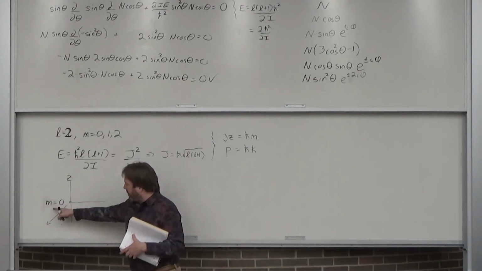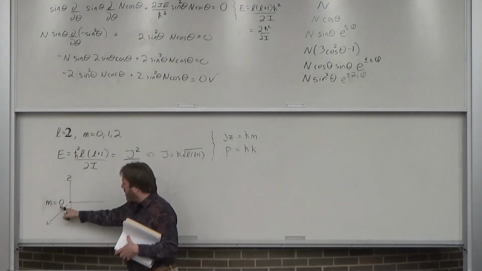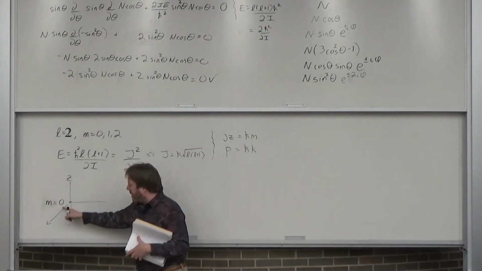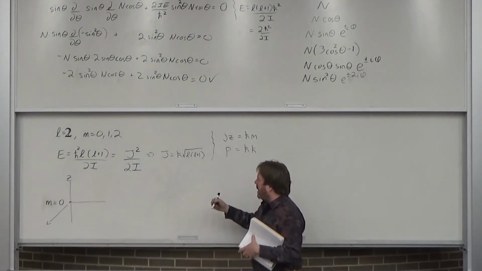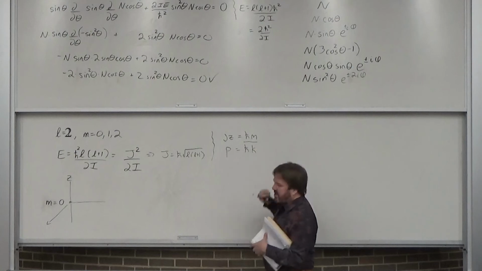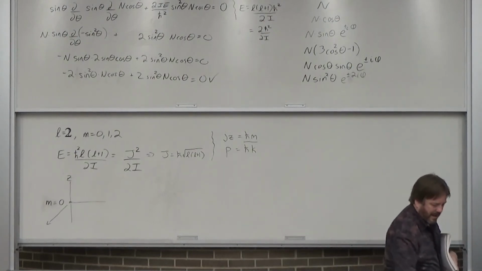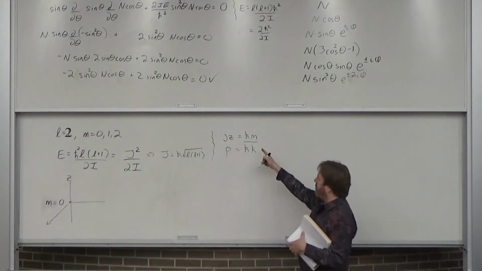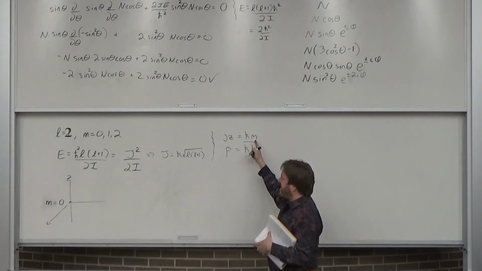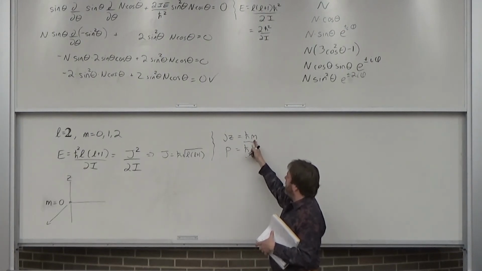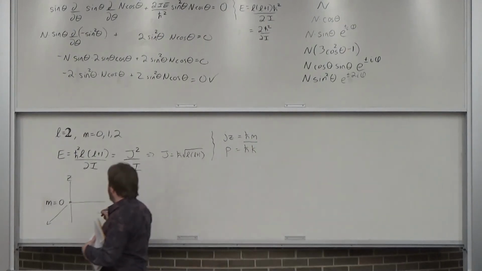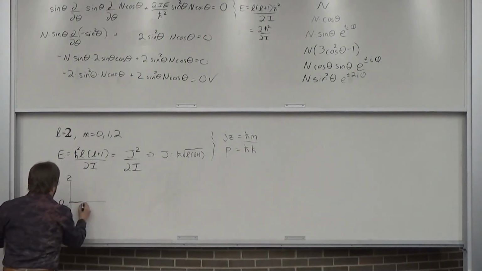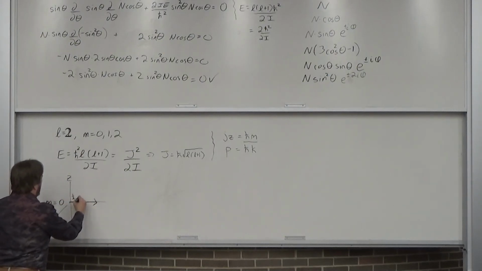So for an m of 0, I'm talking about the Jz component, right? So the Jz component is 0 because m is 0. It's right here. That means that the axle is along this direction, and the length is h bar times the square root of L times L plus 1.